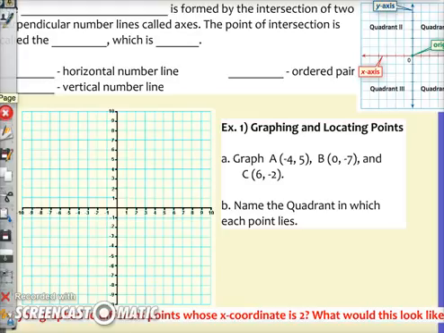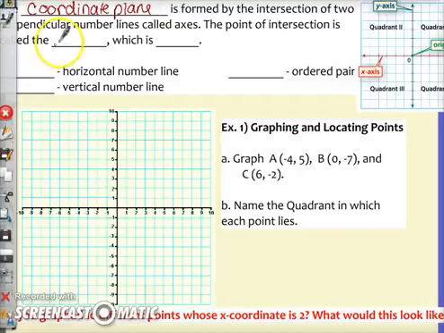Okay. First thing that we're going to talk about is filling in. It says the coordinate plane is formed by the intersection of two perpendicular number lines called axes. The point of intersection is called the origin, and that is 0, 0.